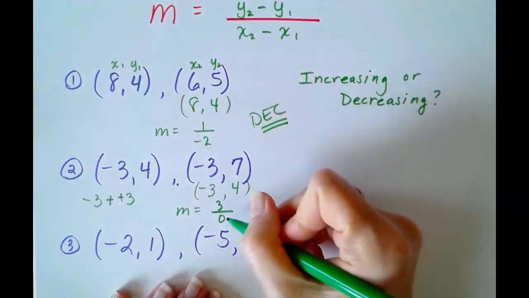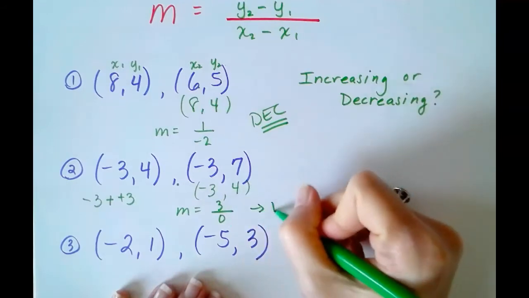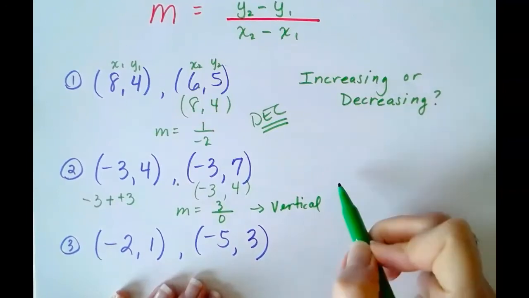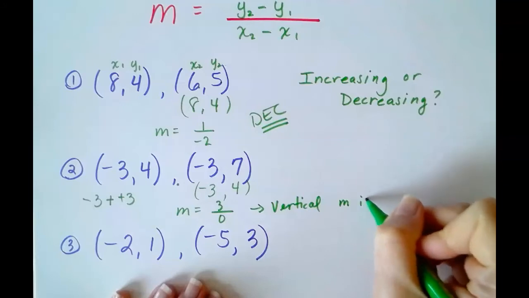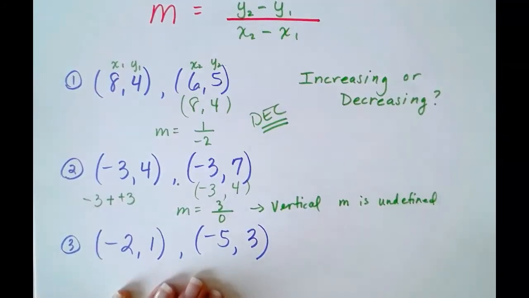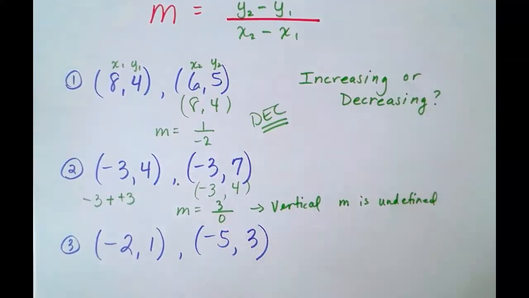So if we get a slope evaluation of 3 over 0, we know that the line is vertical, neither increasing or decreasing, and we say that the slope is undefined. The slope is undefined when the run is 0.